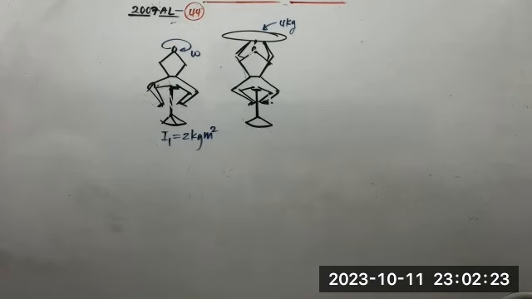Reply quickly, everyone. The moment of inertia for a ring: half mr squared or mr squared?